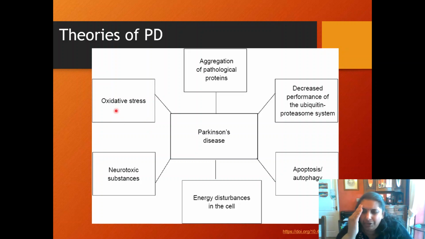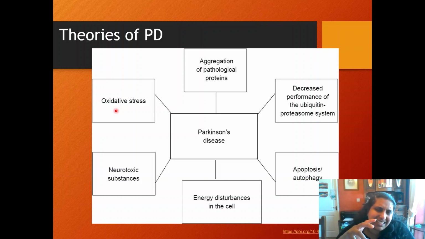And part of this is because the effect is in dopaminergic neurons, and in dopaminergic neurons, the dopamine synthesis pathway particularly forms reactive oxygen species and things. So there's a lot of oxidative stress in dopaminergic neurons because of the fact that they're dopaminergic.